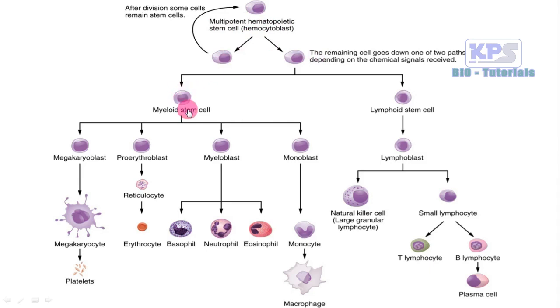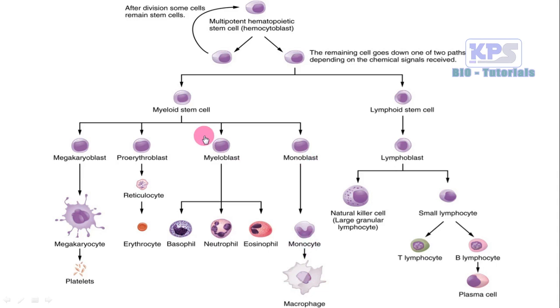One is called myeloid stem cell, the other one lymphoid stem cell. From the myeloid stem cells, megakaryoblast, proerythroblast, myeloblast and monoblast cells were later derived. From these myeloblast cells, the basophil, neutrophil, eosinophil, and from the monoblast cells, monocytes, and from the monocytes, the macrophages were derived.